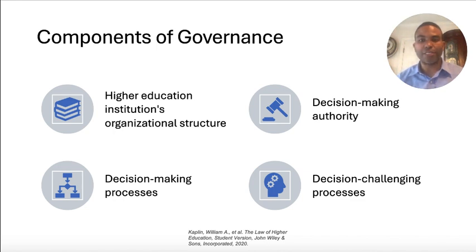Also, if there's a challenge to a decision, is there a process for that? Is there an appeals process, or what ways do people have for challenging decisions that are made?